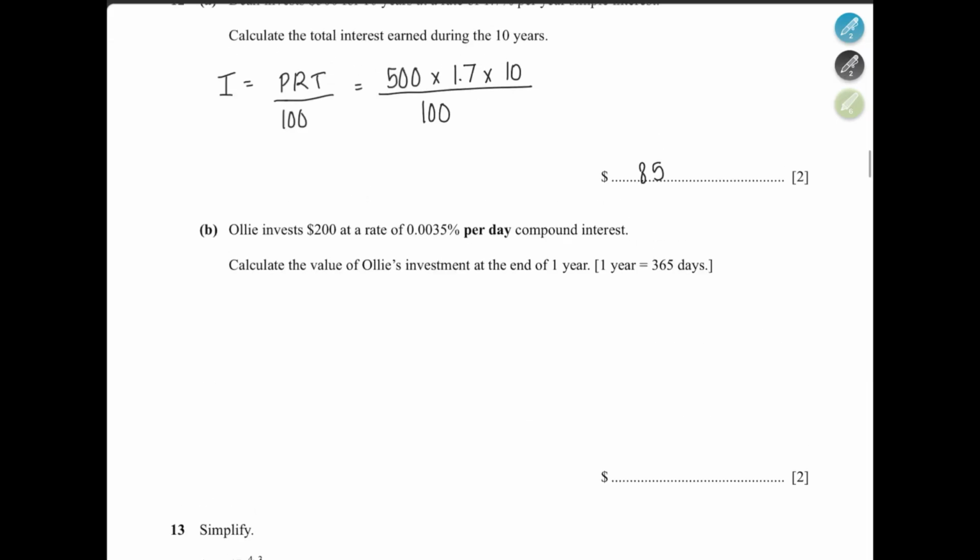Ollie invests $200 at a rate of 0.0035% per day compound interest. Calculate the value of Ollie's investment at the end of year 1. 1 year is 365 days. Let's write down the formula: P(1 + R/100)^n.